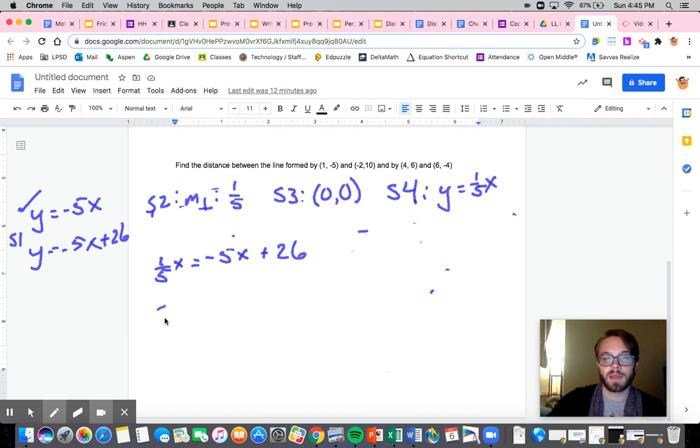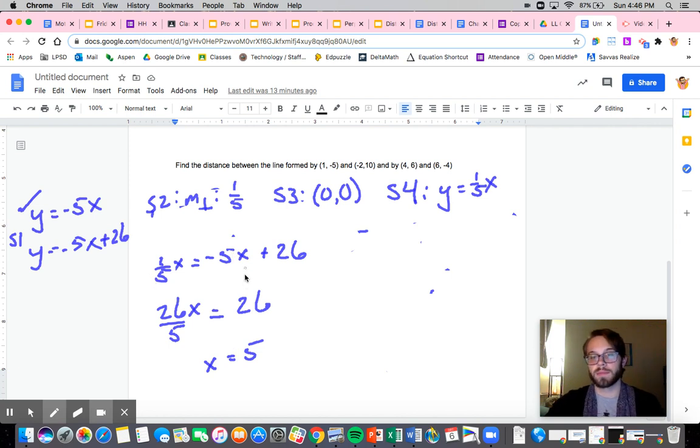So that would make this 26 fifths equal to 26. So ultimately, what's that going to make x? X is going to be equal to 5. I got the 26 fifths because this is the same as negative 25 over 5. I add it to the other side, I get 25 over 5 plus 1/5. So I get x is equal to 5.